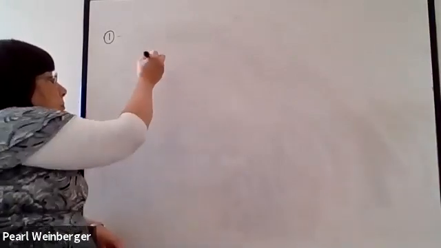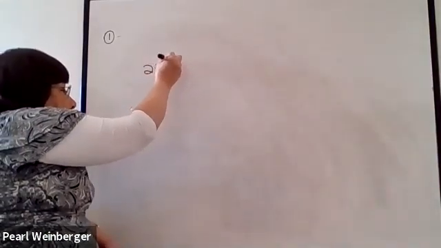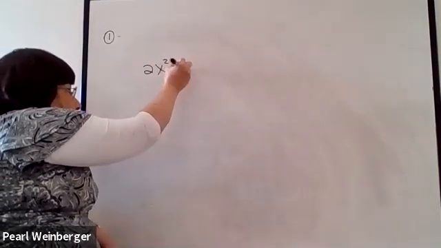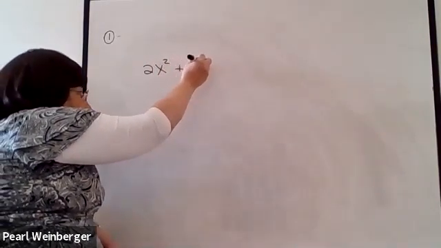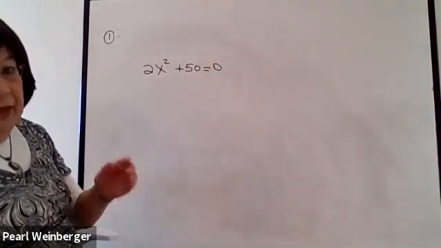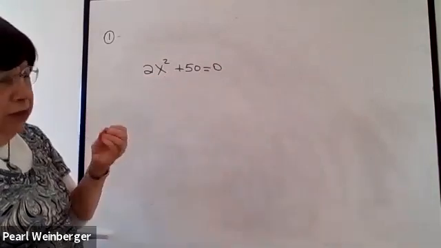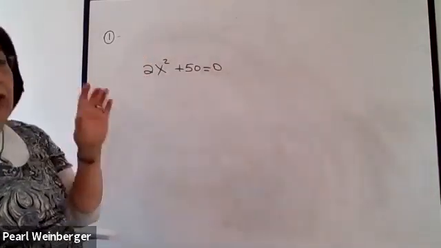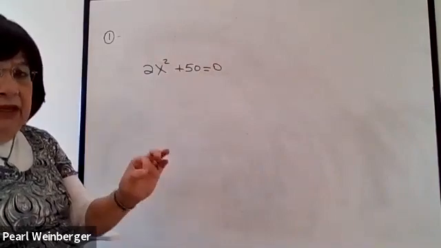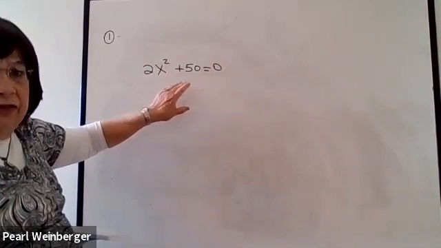Suppose I gave you 2x squared plus 50 equals 0. Okay, a little bit more complicated, but a similar idea. It's what we call an incomplete quadratic. It does not have the x term.